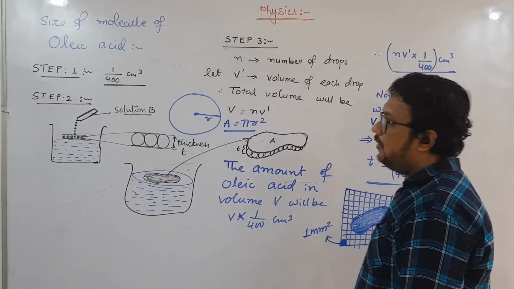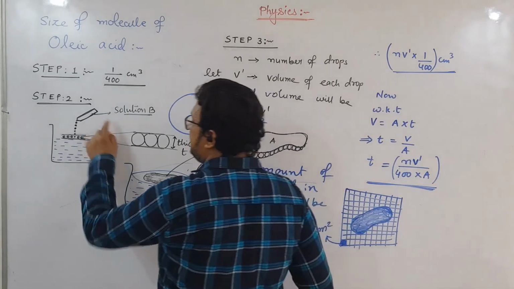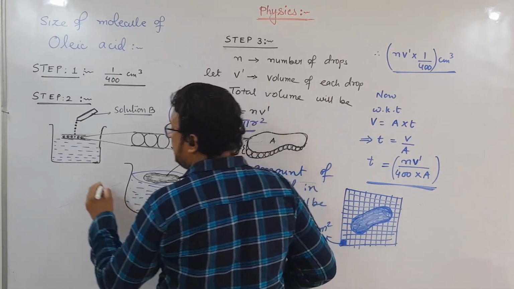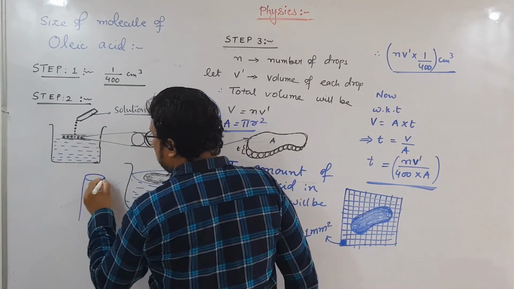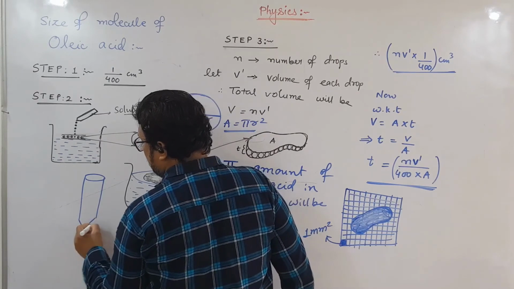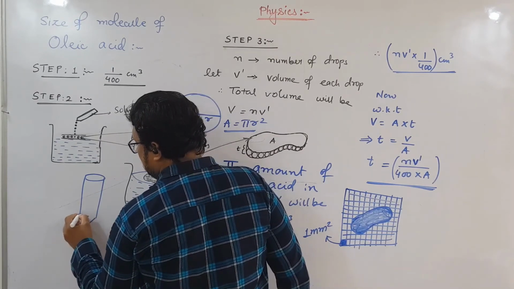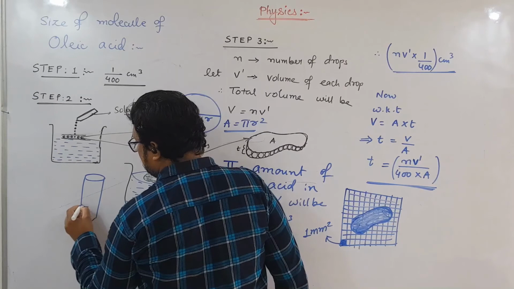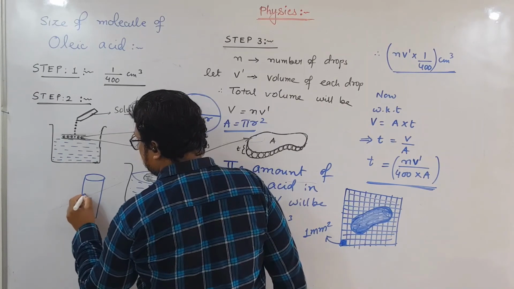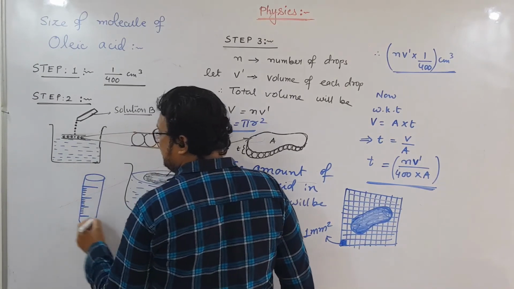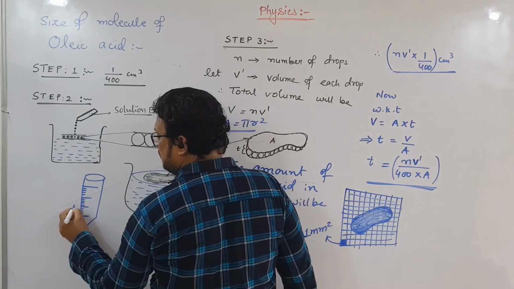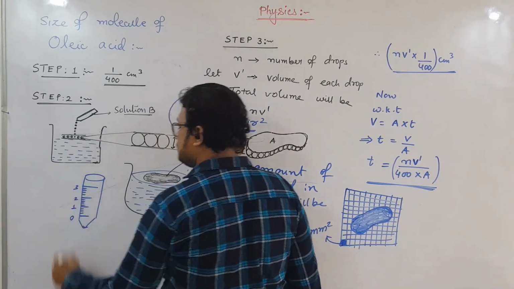How can we find volume? We are using a dropper over here, right? If you see that dropper properly, you may have a measuring mark over it. Let us say this is 0, this is 1, this is 2, this is 3, and so on.